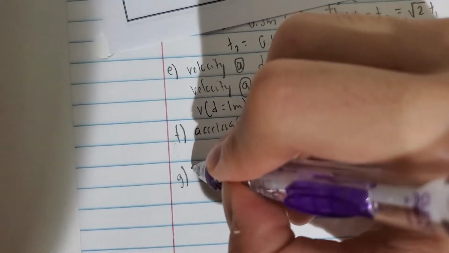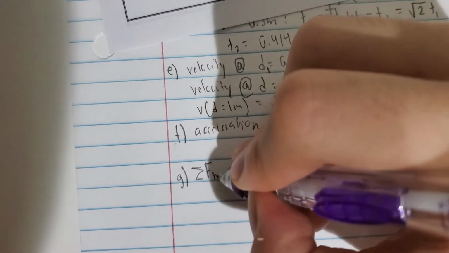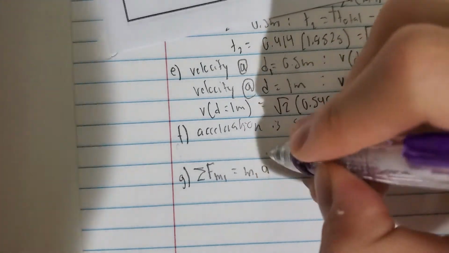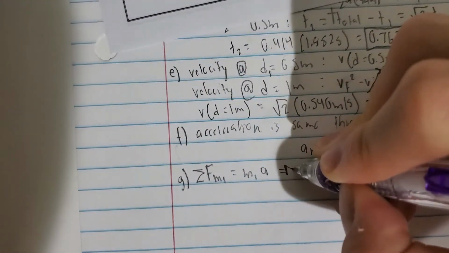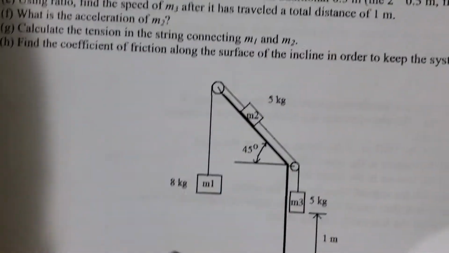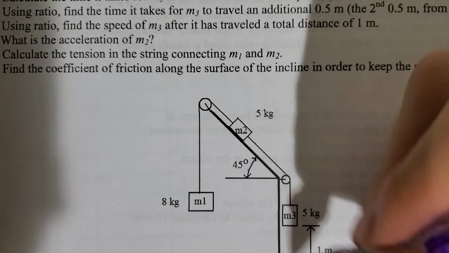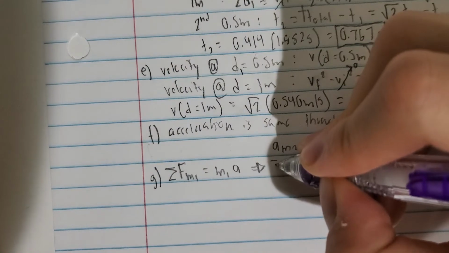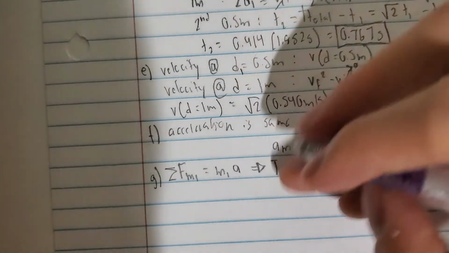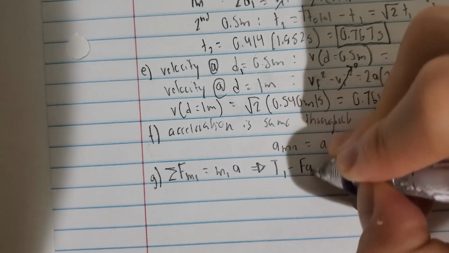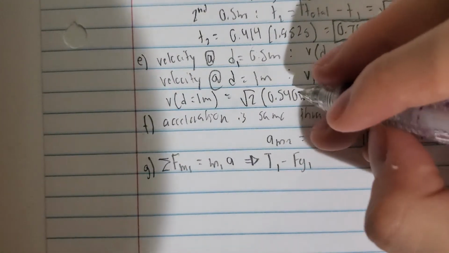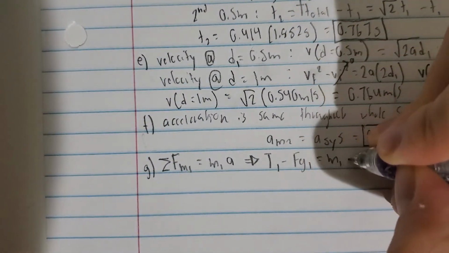So the total force on M1 is equal to M1 times A. I know that the system is going to move this side, so T1 must be bigger than Fg. So I'm going to put that as positive first: tension T1 minus Fg1, and that's going to be equal to M1 times A.